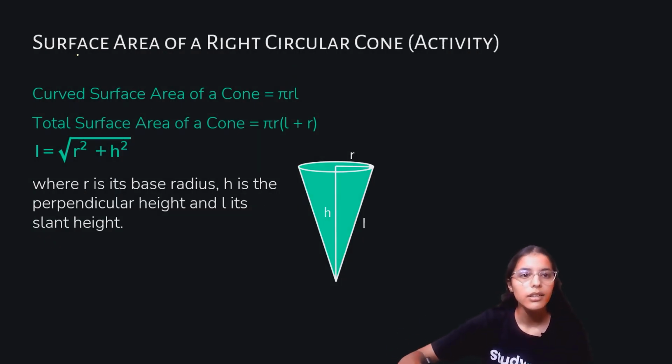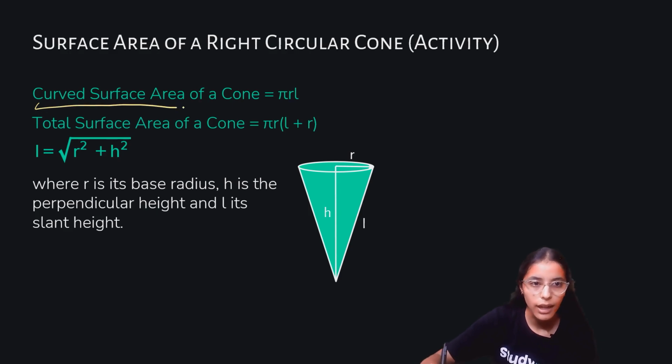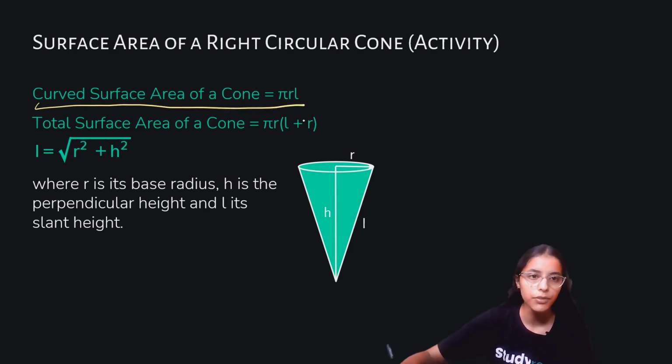Now, the surface area of a right circular cone. To find the total surface area, in previous slides we have seen how to find the CSA, that is curved surface area. But to find the total surface area, all we have to do is that we already have the curved surface area, and we have one additional circle.